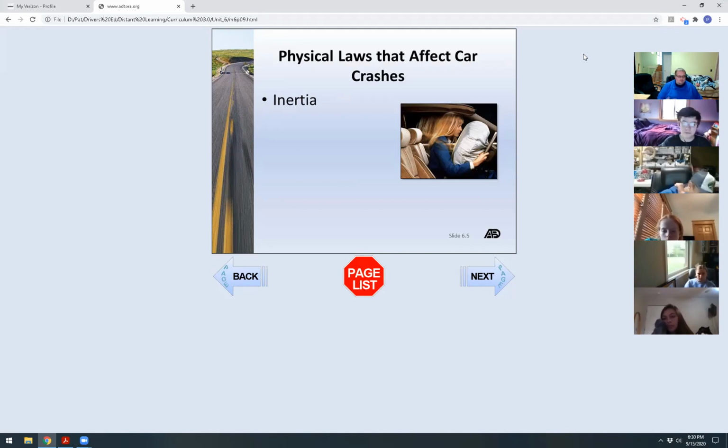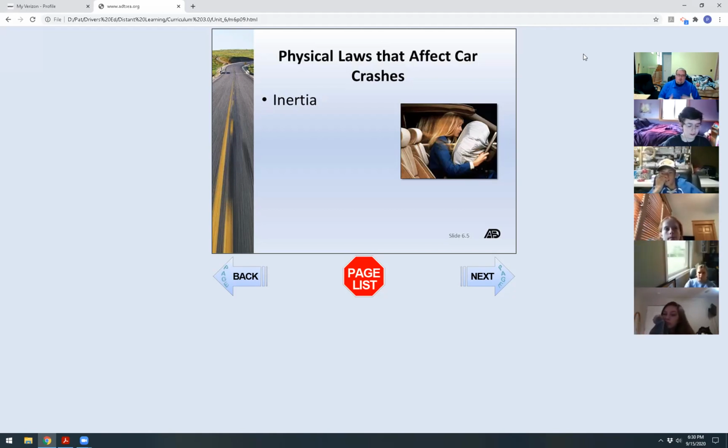So let's say that's what happens. You hit a patch of ice, you slide into the back of a stopped bus or something. Suddenly the car stops moving, but do we stop moving? No, our body continues forward because of inertia. If we're wearing a seatbelt, that belt catches us and we stop going forward, but our head still goes forward because it's not strapped down, and that's what the airbag's for, to slow down the head.